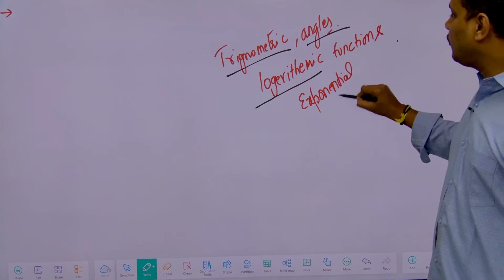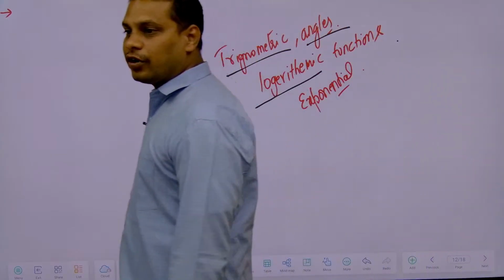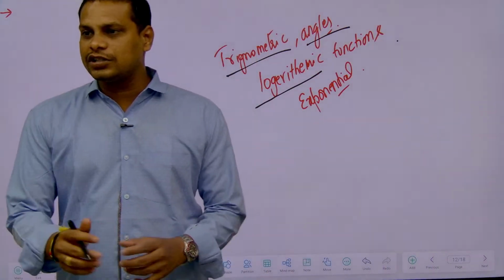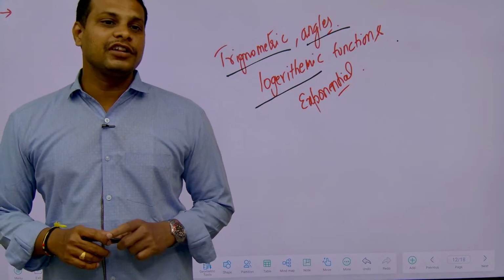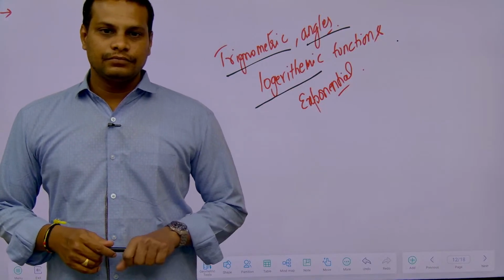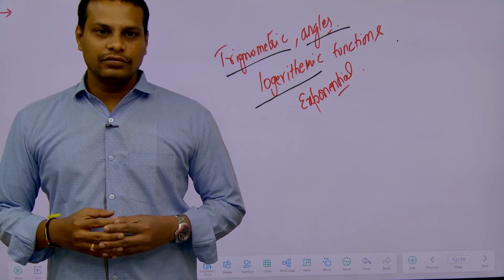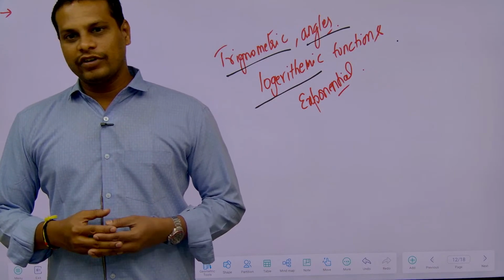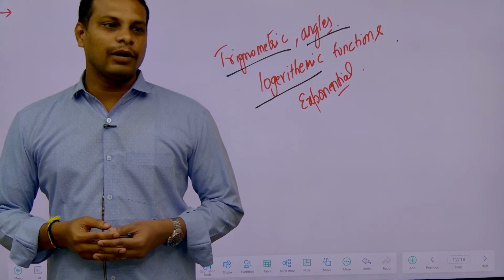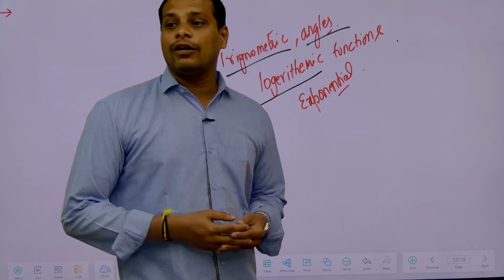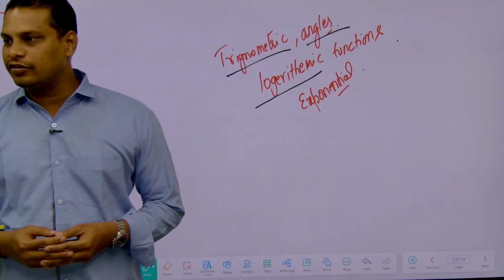Are you clear? In first year you studied the exponential functions topic, exponential types of equation, especially in the Newton's law of cooling concept. Do you remember Newton's law of cooling? Where did you study that? Thermal properties of matter. There we have exponential functions based on that.